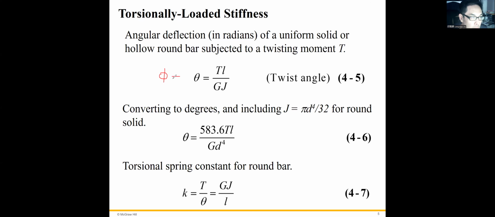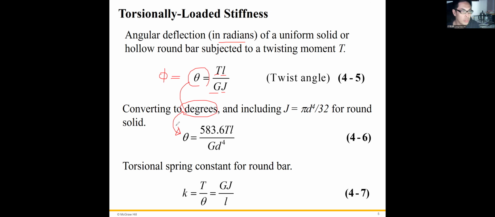It's the same thing, the same definition. It equals the torque times the length of the rod divided by the shear rigidity G and the polar moment J. We can also convert this twist angle from radians to degrees.